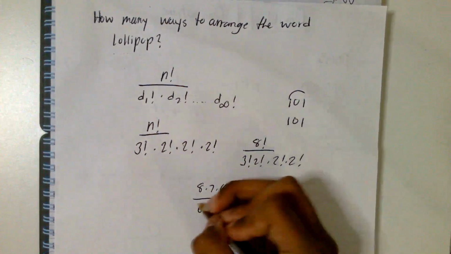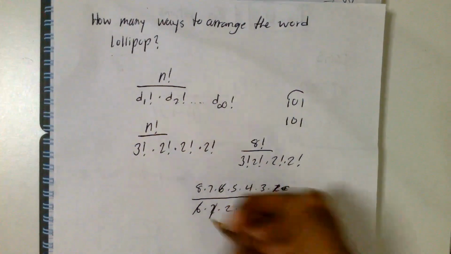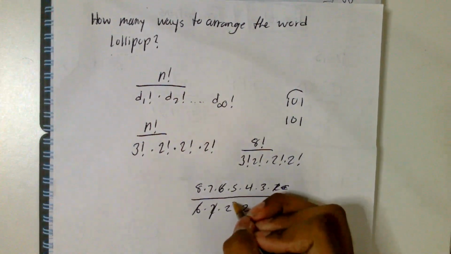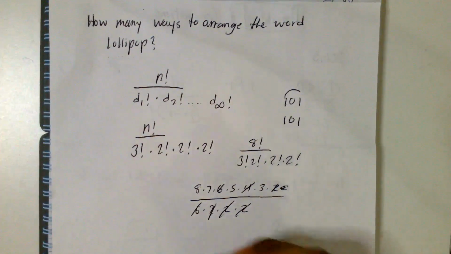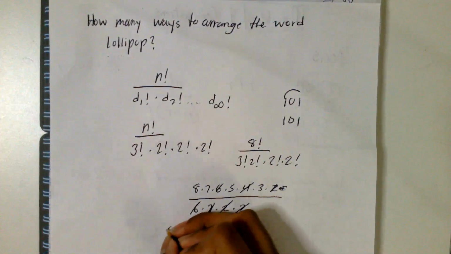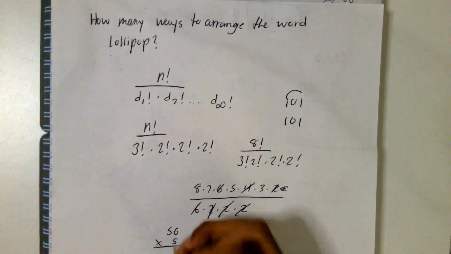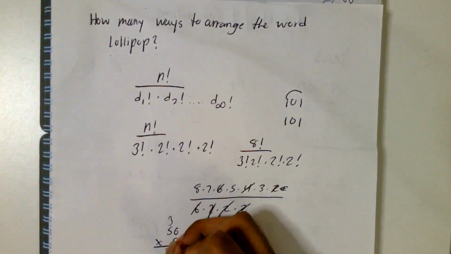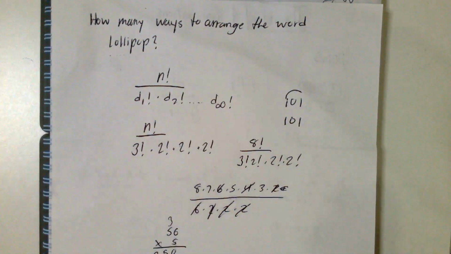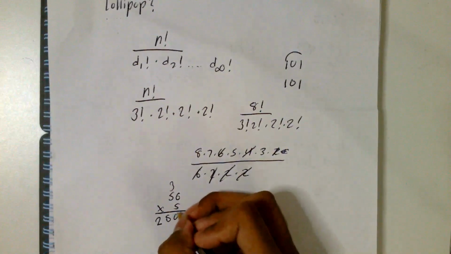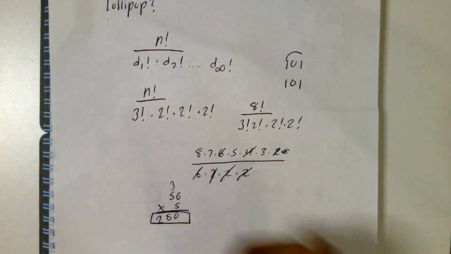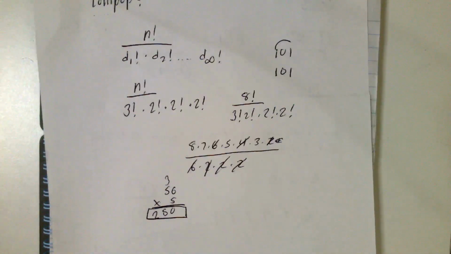Okay, well, first of all, cross out the 6's, cross out a 2 and a 2. Well, now we can cross out these 2's for this 4. So our answer is going to be 8 times 7, 56, times 5, which is going to be 280. So we have 280 ways to arrange the word lollipop.